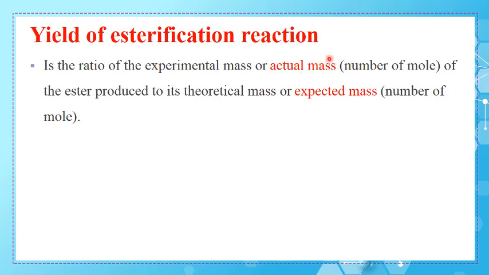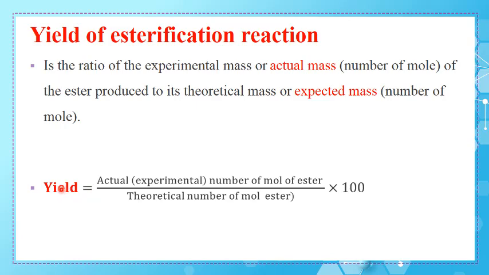It can be calculated either regarding mass or number of moles of the ester produced to its theoretical or expected mass or number of moles. You know well that this is the formula of the yield. I repeat, it is the actual or experimental number of moles or mass of a product, here we choose to be the ester because the reaction is esterification, over the theoretical number of moles or the mass of ester, multiplied by 100.